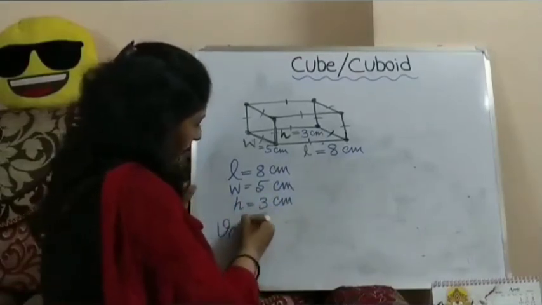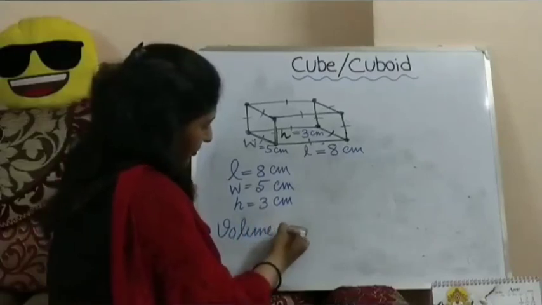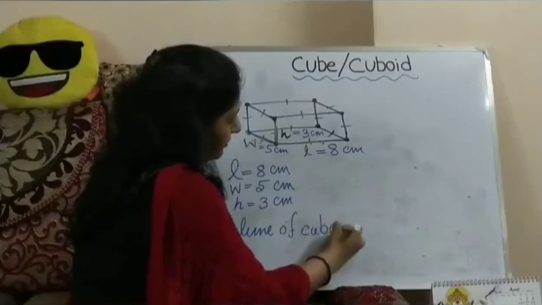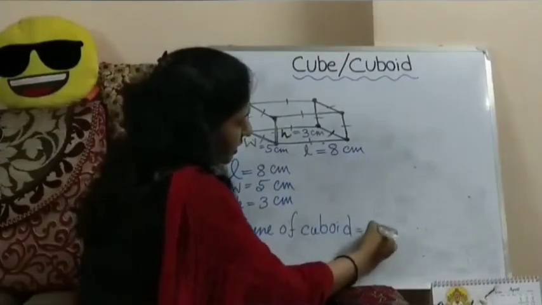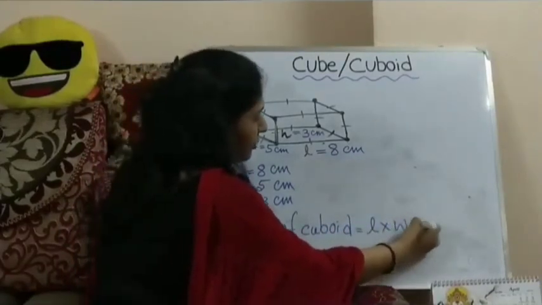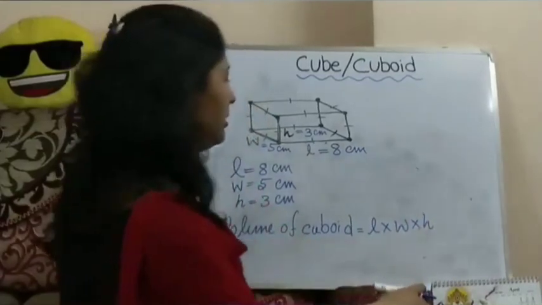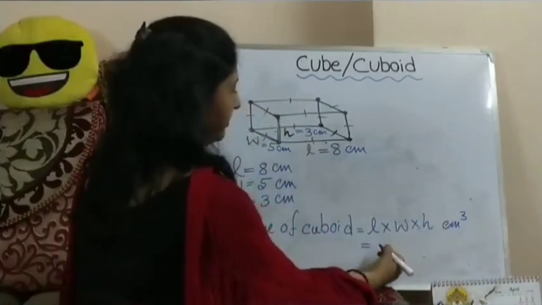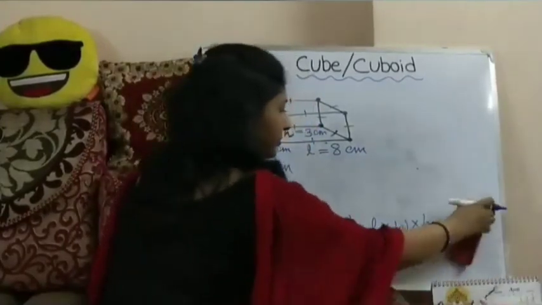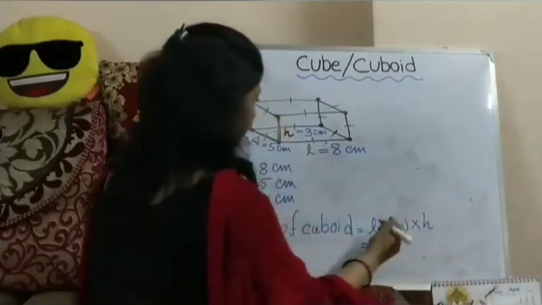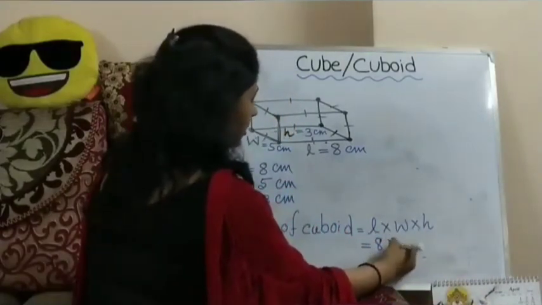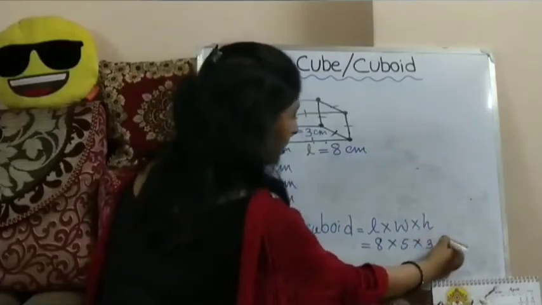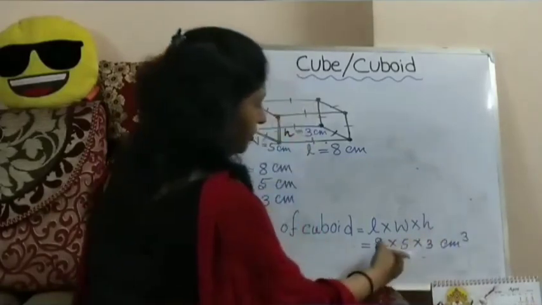So now volume of cuboid, that is L into W into H, 8 into 5 into 3 centimeter cube.